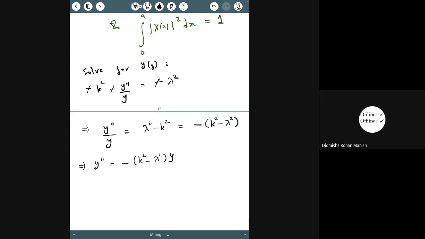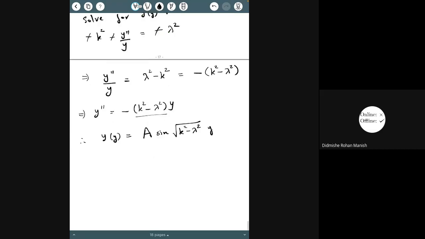So now we have again got it into this classical harmonic oscillator form. So now I will again use the same form of solution, that Y is equal to A sine of root of this quantity, k square minus lambda square, times y. Okay.